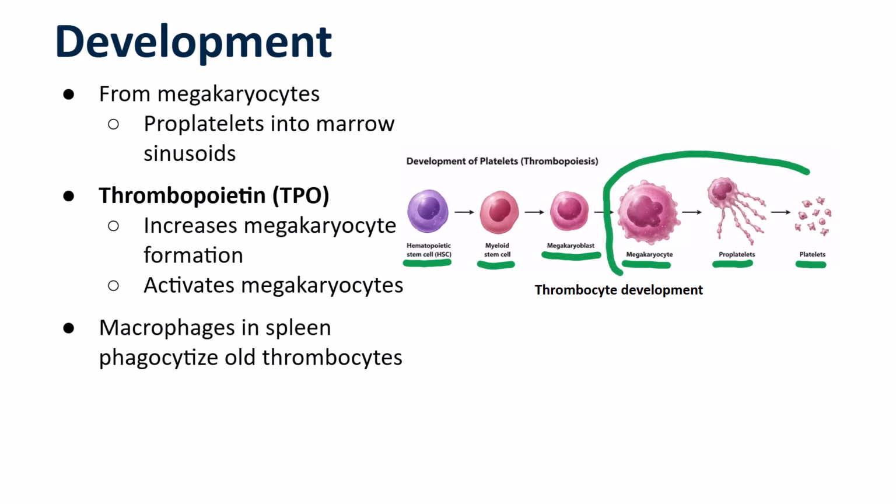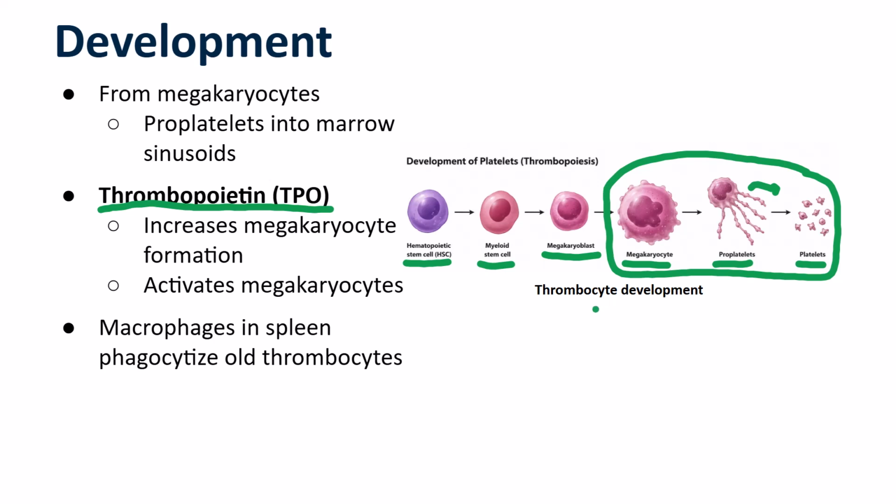These cells are hanging out in the periphery of the marrow cavities at the ends and the spongy centers of various bones, and they shed proplatelets and platelets into the sinusoids. This is a process which is controlled chemically by thrombopoietin, or TPO.